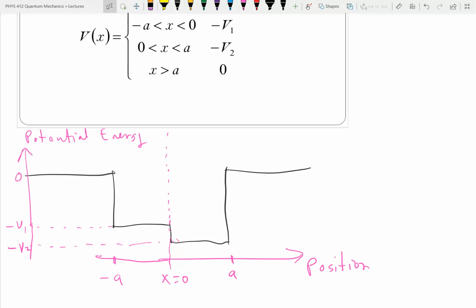Now let's go for solutions. So I guess we start in one of the sections. Okay, so let's name the regions.